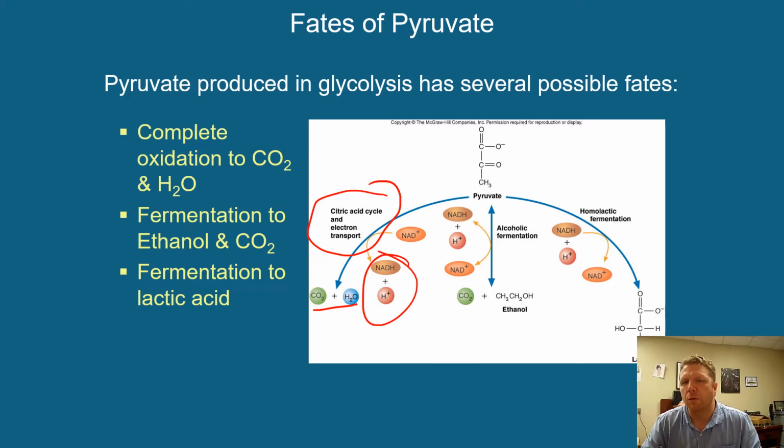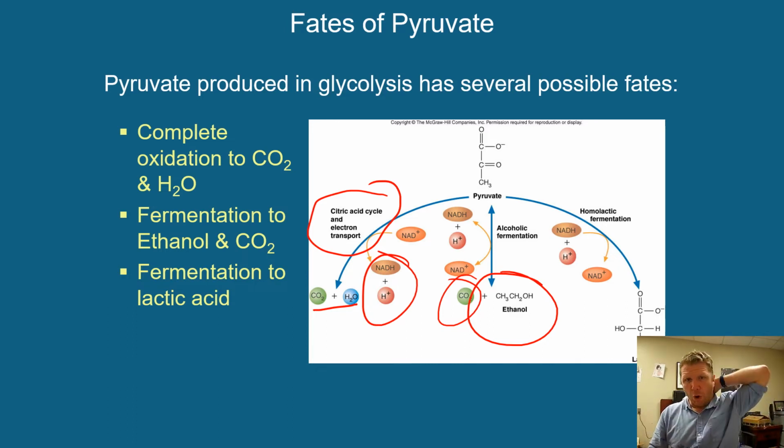That means that pyruvate is going to be converted to CO2 and ethanol. The final outcome is what's known as homolactic fermentation, or fermentation to lactic acid, where we take pyruvate and we generate lactate. So these are the 3 possible outcomes of pyruvate.